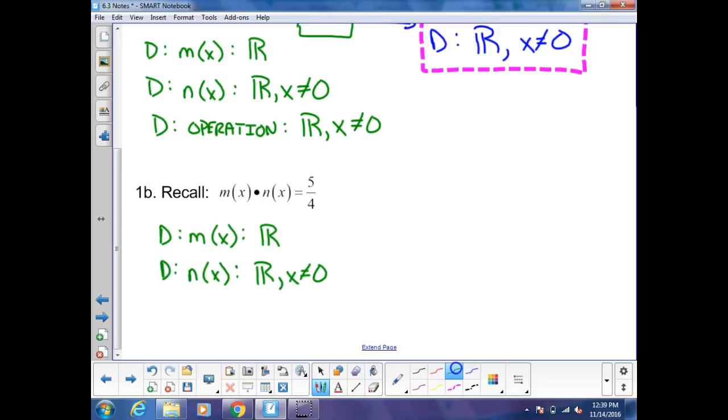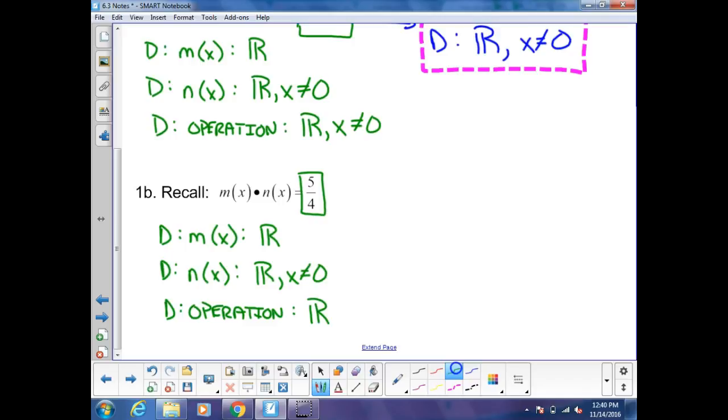Right? Now, the domain of my operation, so now I'm looking at my green box again. What's the domain of that function? All real numbers.